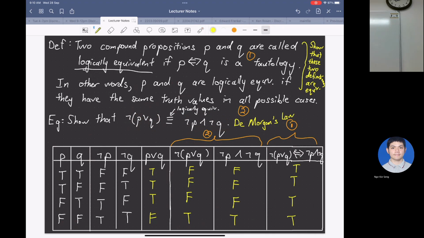Similarly, we have another variant, which is not (P and Q), and you should guess it is not P or not Q. Similarly, you can prove this. Exercise: go ahead and prove this statement here.